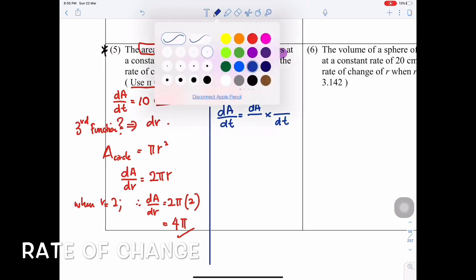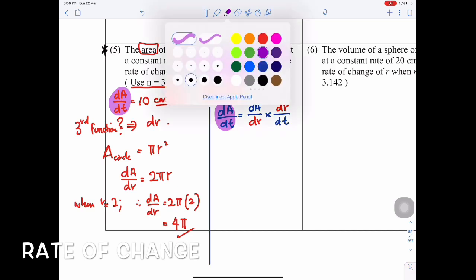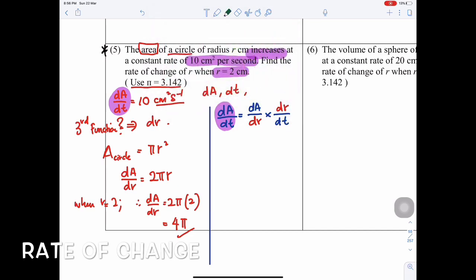What is the third function? dr. So what information do we have? dA/dt and dA/dr.